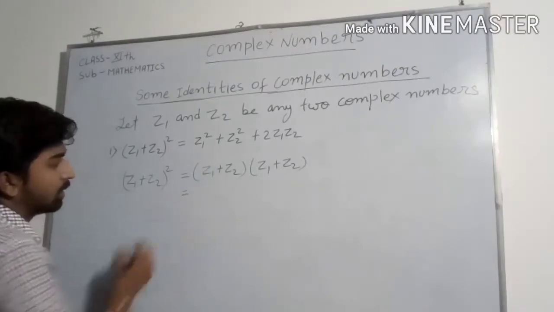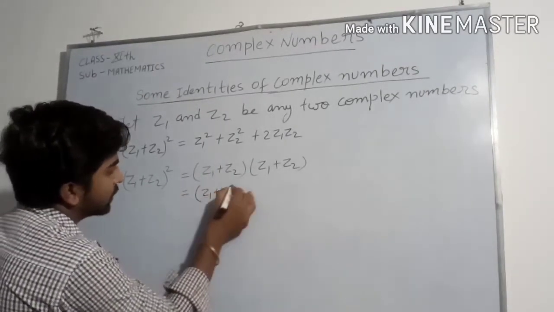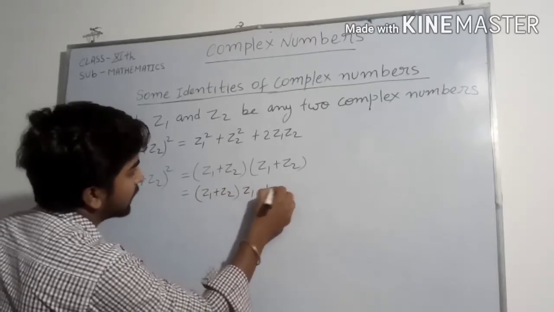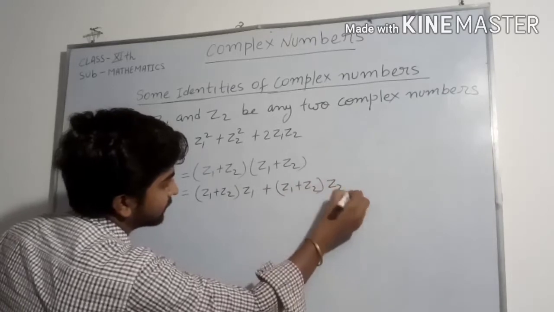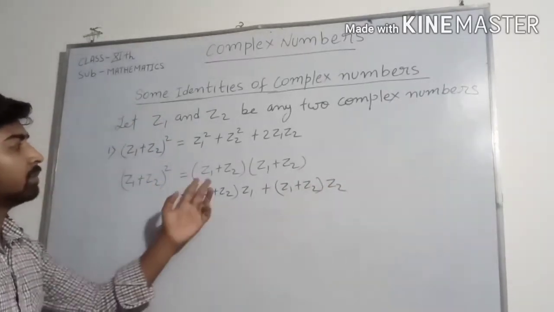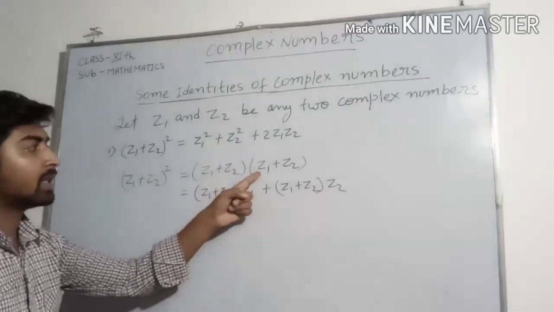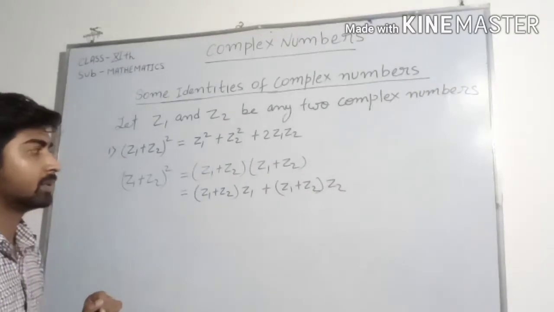Now, z1 plus z2 into z1 plus z1 plus z2 into z2. We will multiply z1 plus z2 by z1, and then z1 plus z2 by z2.